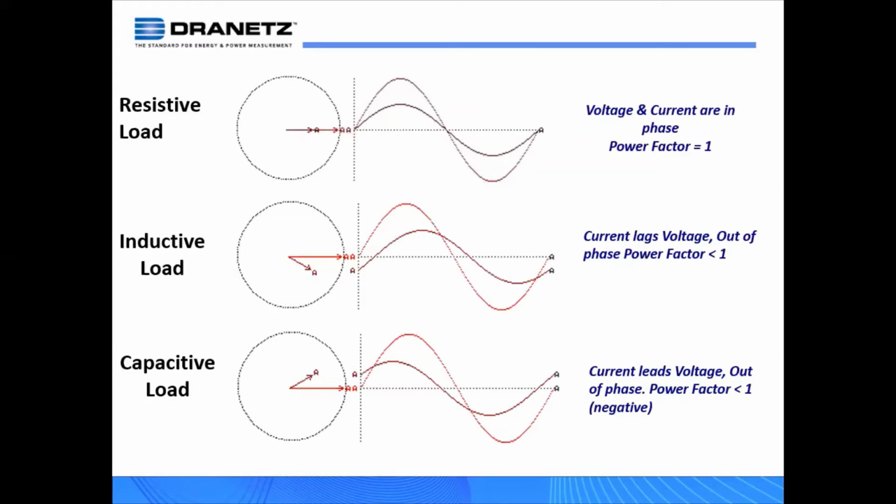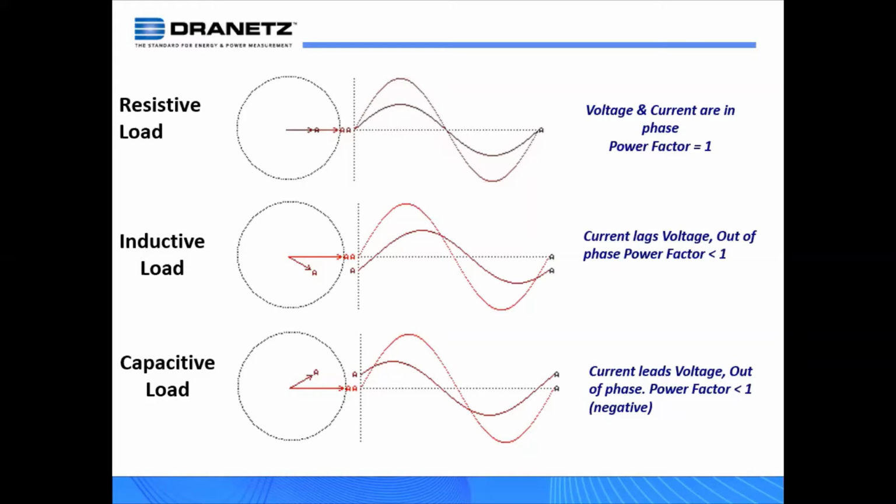And then, of course, if we're viewing it graphically, as far as what a resistive load looks like versus an inductive load versus a capacitive load, obviously with a resistive load your voltage and current are in phase, so to speak. You can view it graphically by viewing waveform data, or typically what you would use is a phasor display or a phasor chart.